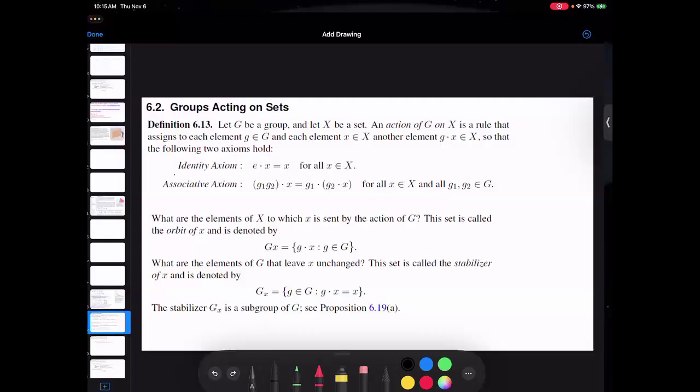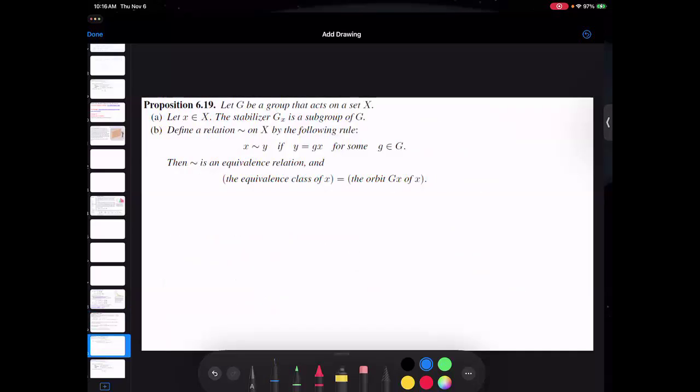At least one element. What's the one element that must be in the stabilizer? The identity. So not empty. Contains E. And in fact, the stabilizer is a group. I think we proved that last time. The proof is pretty straightforward. Just show that all the different properties hold.